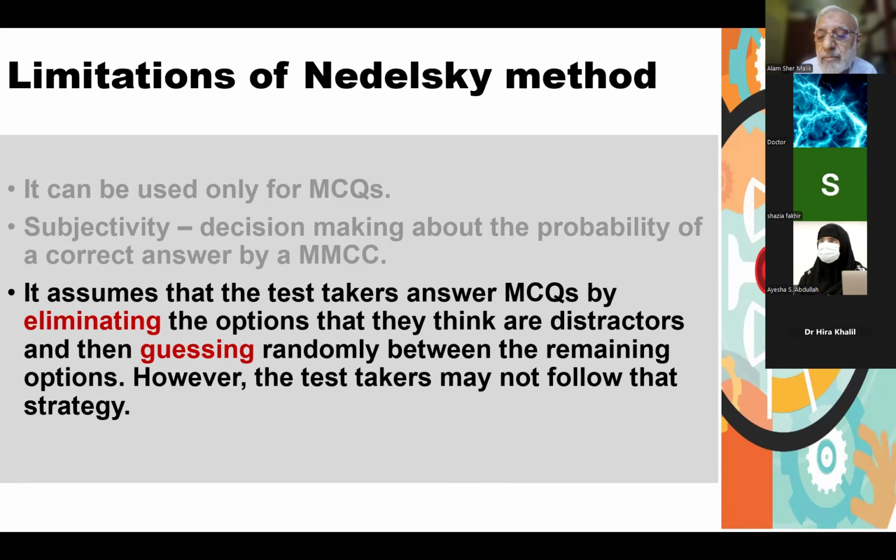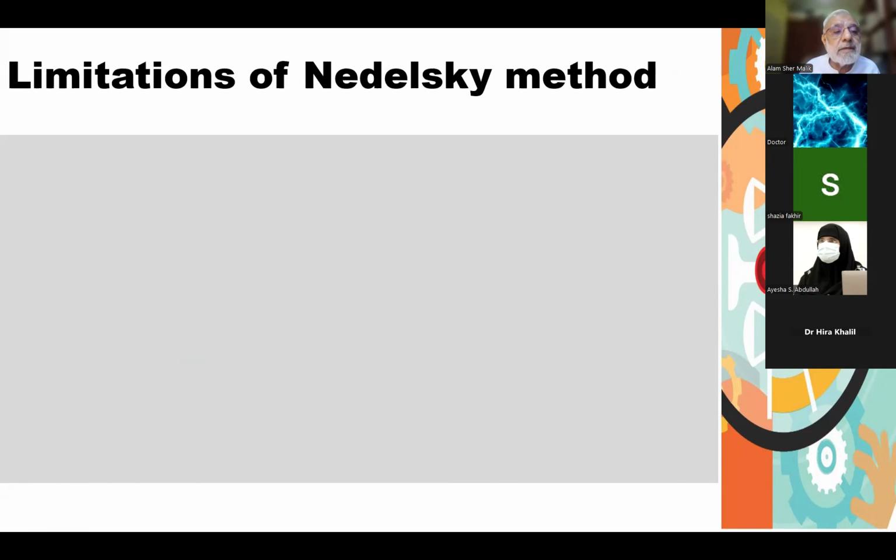That is the basis of this thinking. However, the test takers may not follow that strategy. Not everybody would answer the questions in that way. So that may be a limitation of this method.